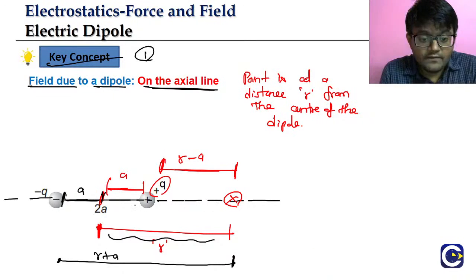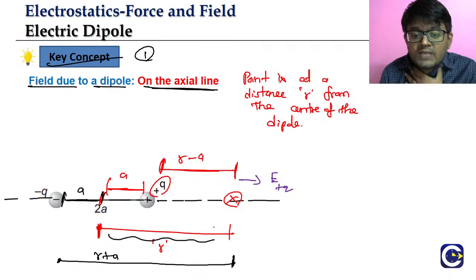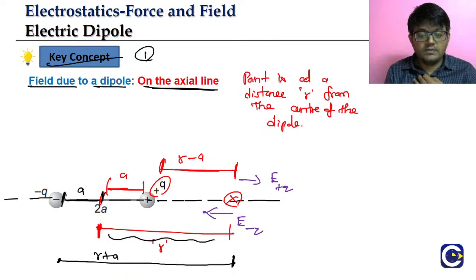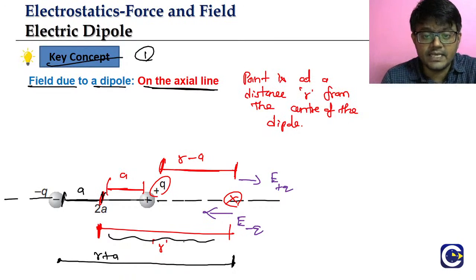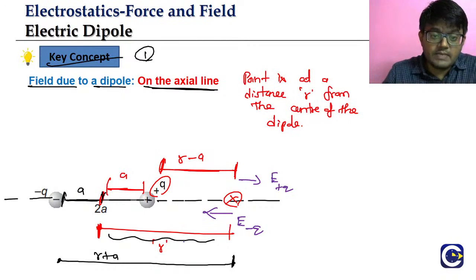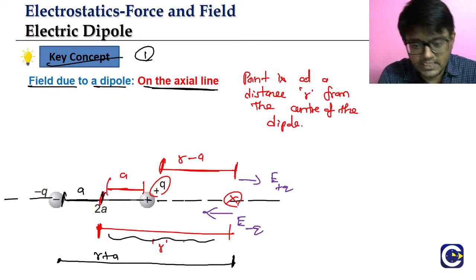Field produced by the positive charge, it will be away from the positive charge. Field produced by the negative charge, it will be towards the negative charge. Both the fields, that is the electric fields, are anti-parallel, means they will be cancelling each other.